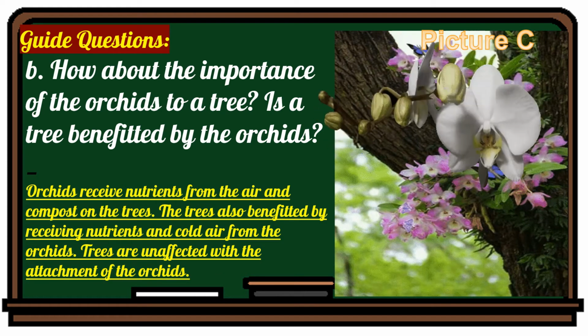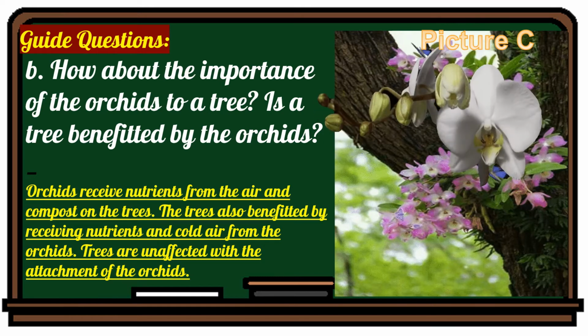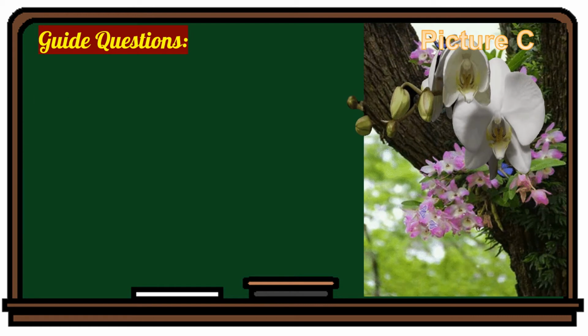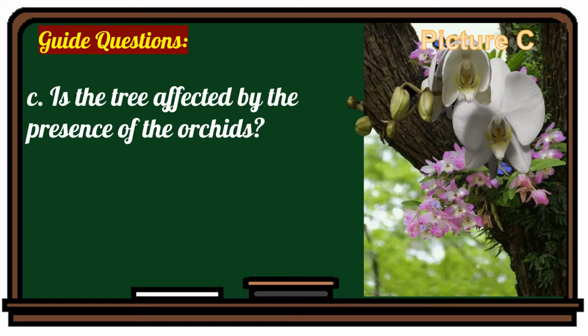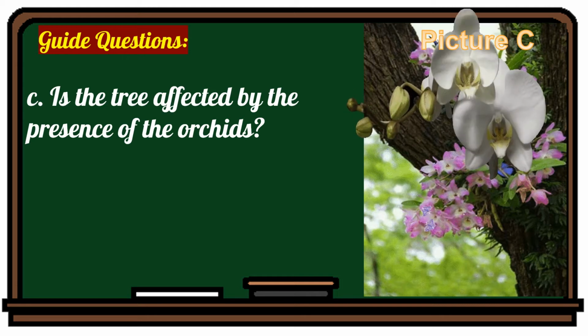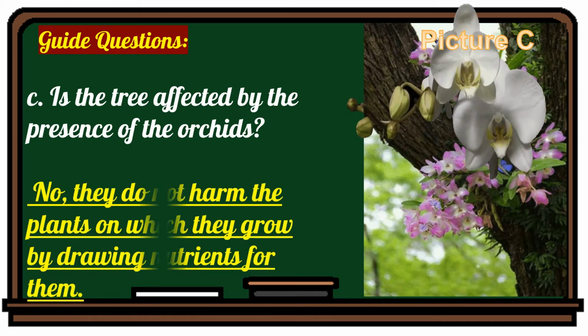Orchids receive nutrients from the air and compost on the trees. The trees are also benefited by receiving nutrients and cold air from the orchids. Trees are unaffected by the attachment of the orchids. For letter C question, is the tree affected by the presence of the orchids?